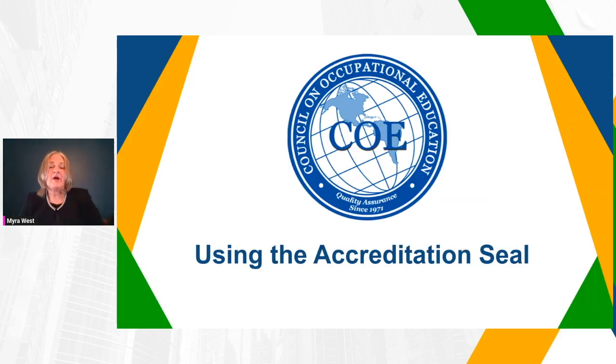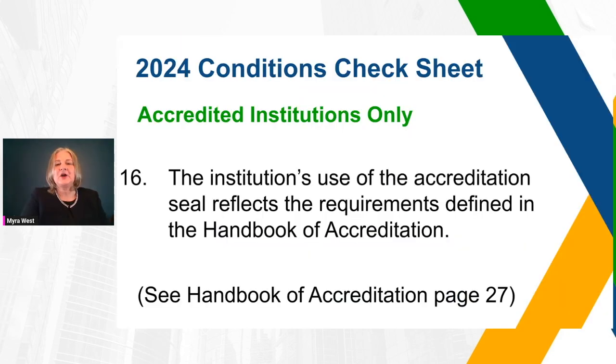Another administrative obligation of all institutions is to accurately report your status as an institution with the Commission in your publications and on your website, including the use of the accreditation seal. Documentation is required to show compliance with the use of the accreditation seal as outlined in the Handbook of Accreditation on page 27 and is reflected on the conditions check sheet criterion number 16.